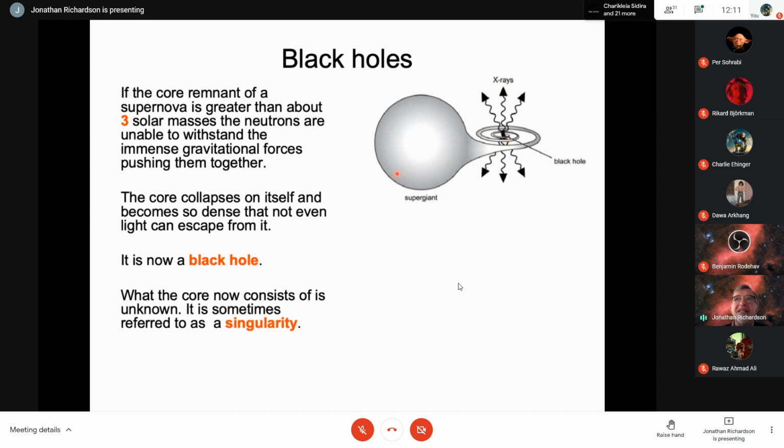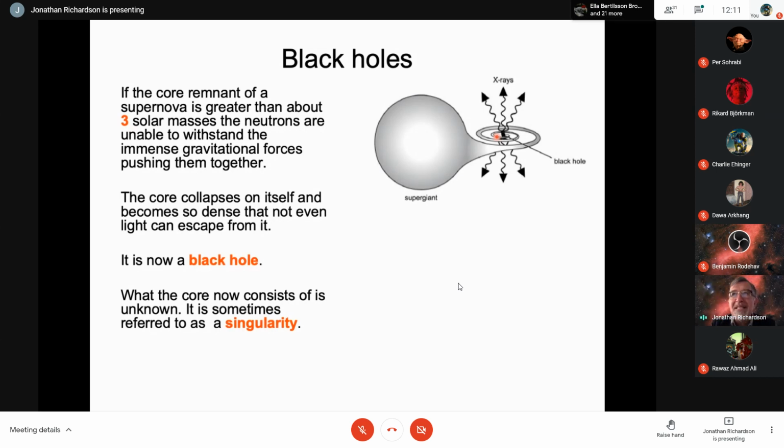And that means the mass from this object will start to flow towards the black hole just here. And again, as we've talked about in circular motion, these objects will spiral around each other. So the matter from the supergiant will spiral around and ultimately get to the black hole.